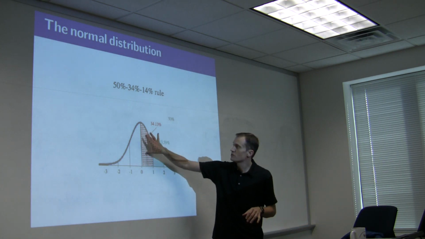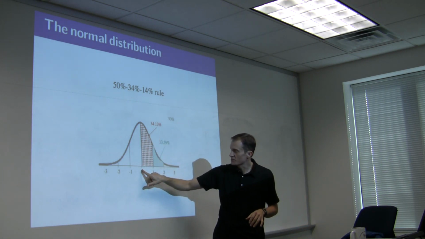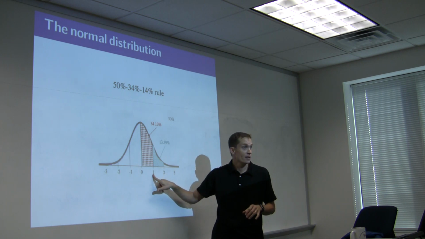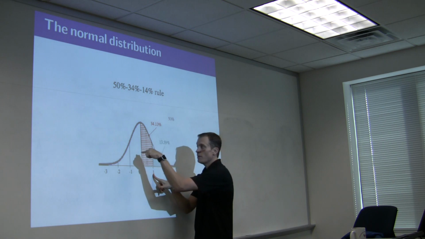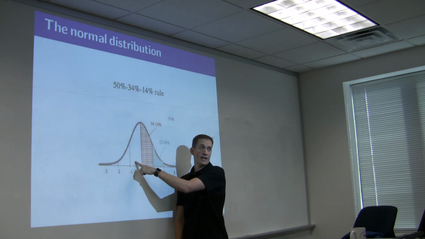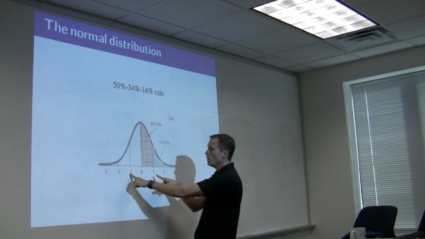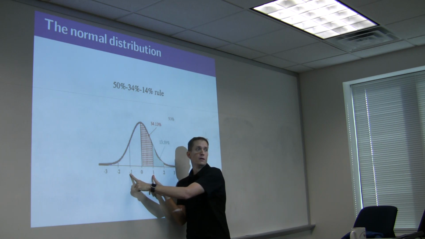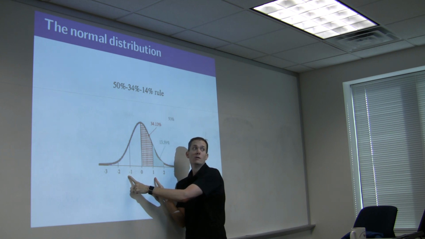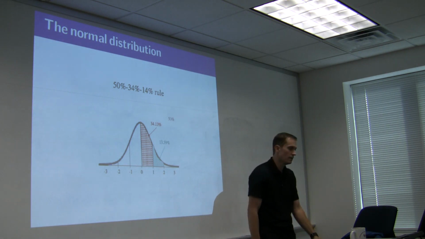So about 34% of the data is in this little sector between the mean and 1 standard deviation above the mean. Using symmetry, this sector has about 34% in it, which means between -1 and 1, between 1 standard deviation below and 1 standard deviation above the mean, is about how much of the curve? 68%, and that's how you'll often see this presented as well.